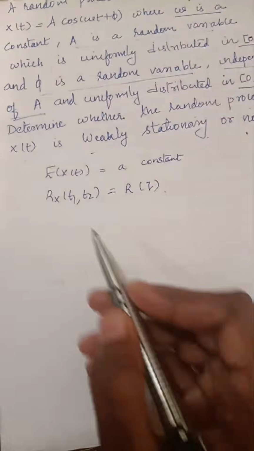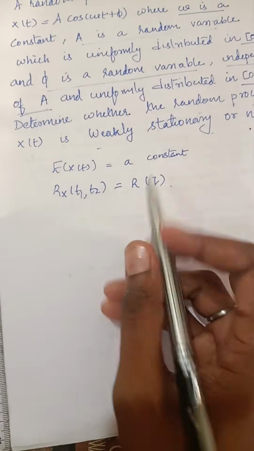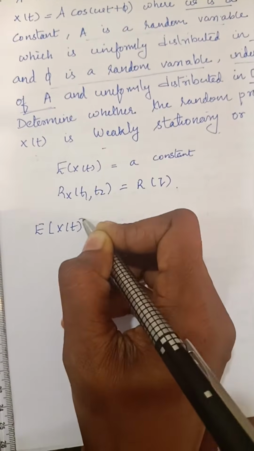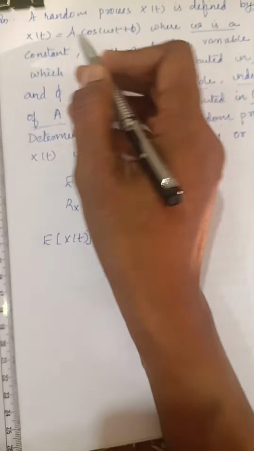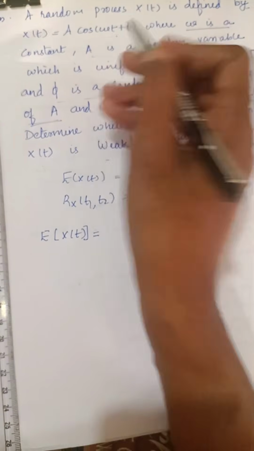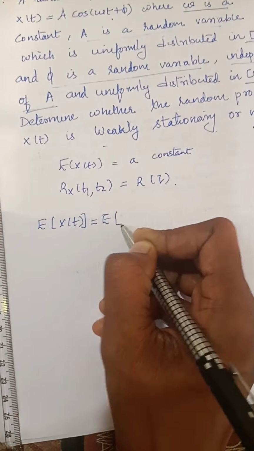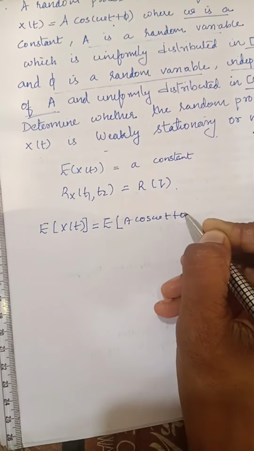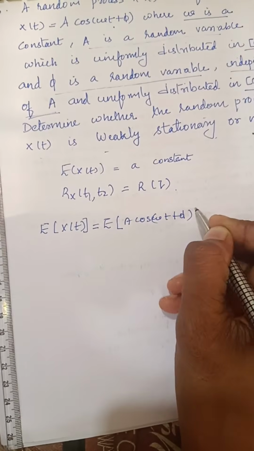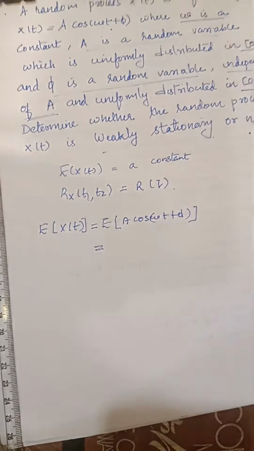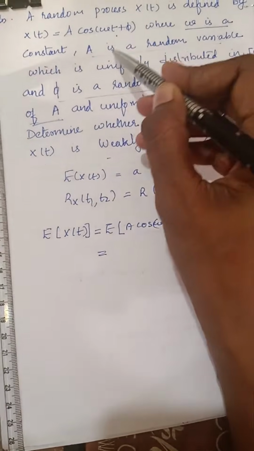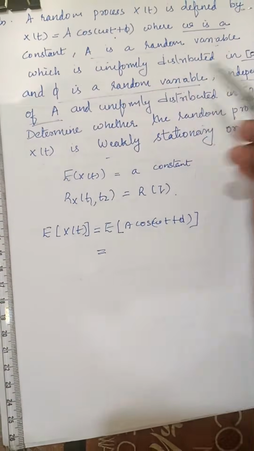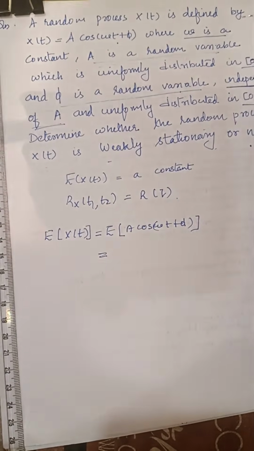For that, first of all, we have to find expectation of x of t. Expectation of x of t equals what is x of t? A cos(omega t plus phi). So expectation of A cos(omega t plus phi). In the problem it is given that A is a random variable and phi is also a random variable, and they are independent.